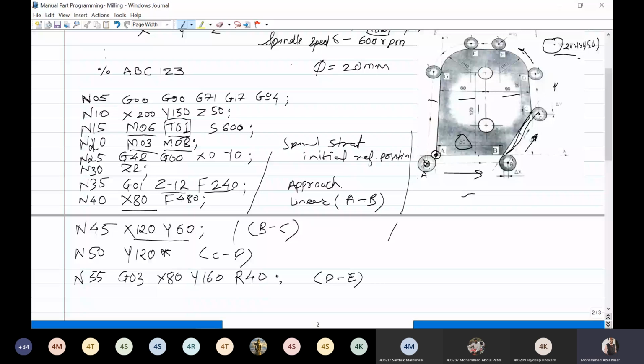The next one, again there is a linear interpolation, E to F. So N60, G01 linear interpolation. How much distance is that?